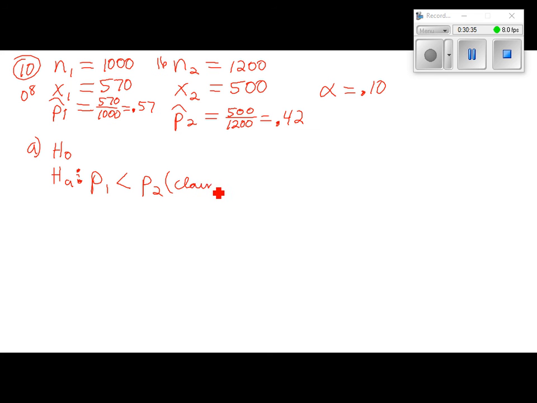That's going to be our claim. And that would mean our H0 up here would be saying P1 is greater than or equal to P2. Look at this, that's going to tell us that it's left-tailed. So it's a left tail.